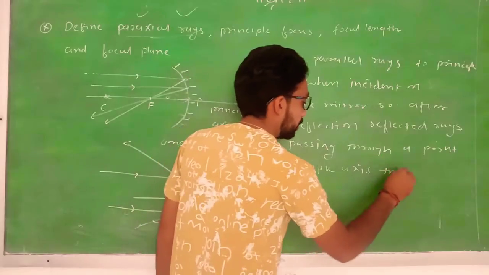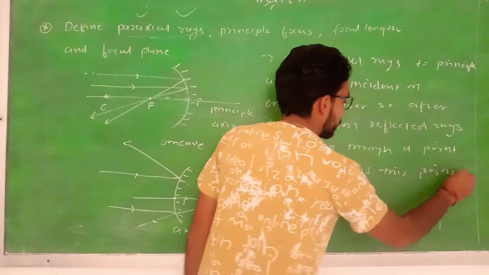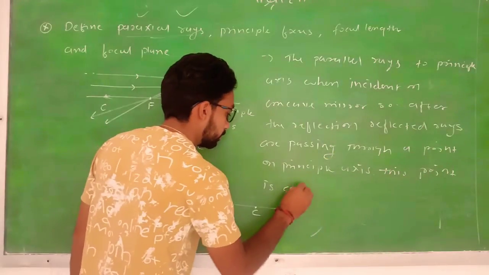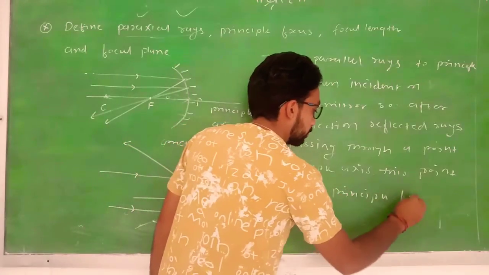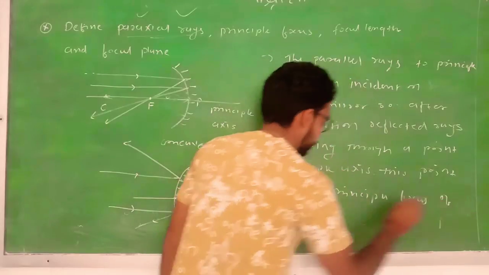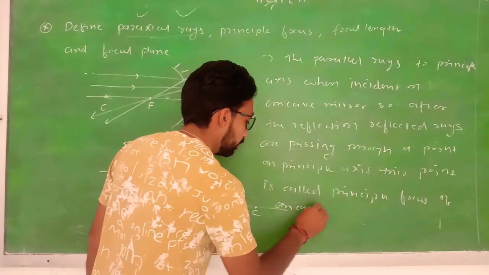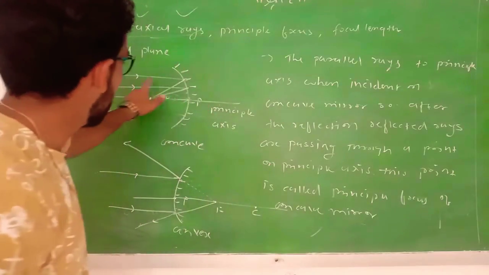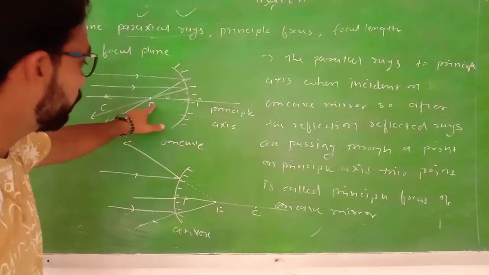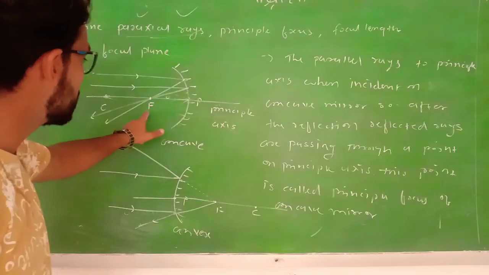This point is called the principal focus of the concave mirror. Okay, when parallel rays after the reflection pass through one point on the principal axis, this point is the principal focus.